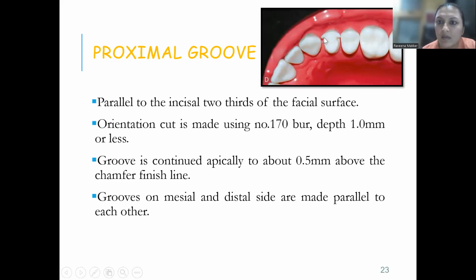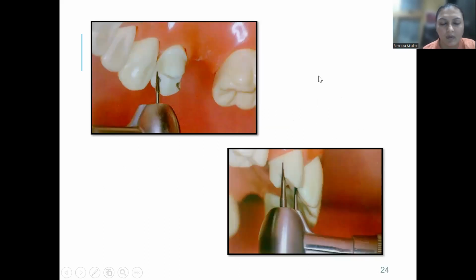As you can see, this is the proximal groove on the mesial, and this one on the distal side. It is made sure that these grooves are parallel to each other. This is the orientation of the burr while creating the proximal groove.